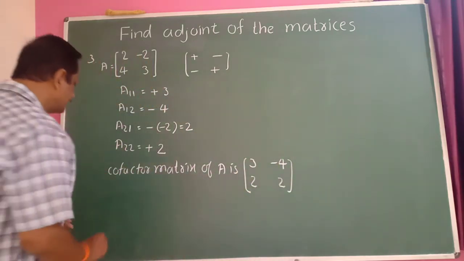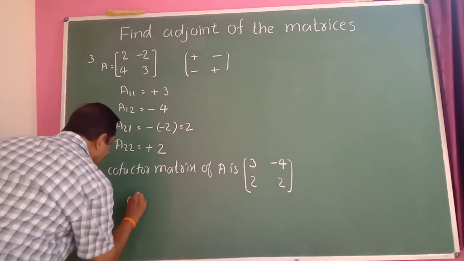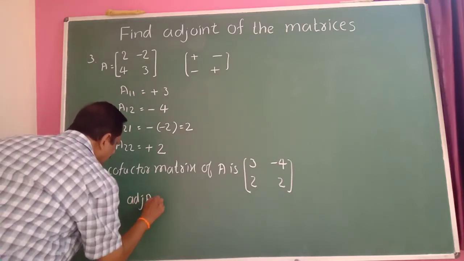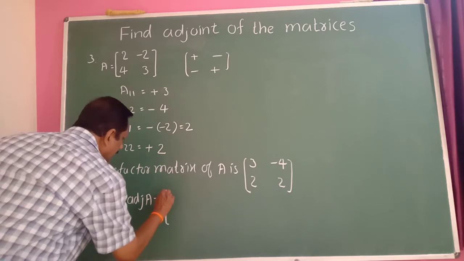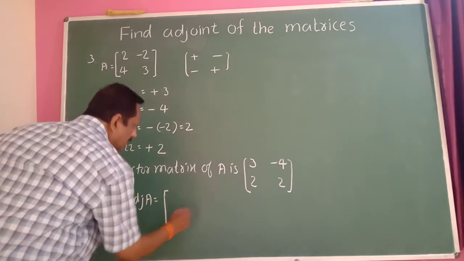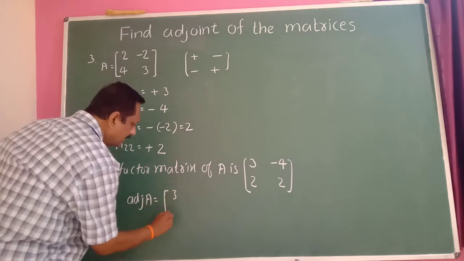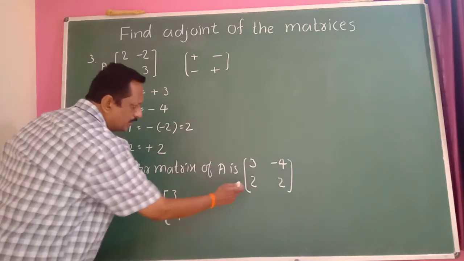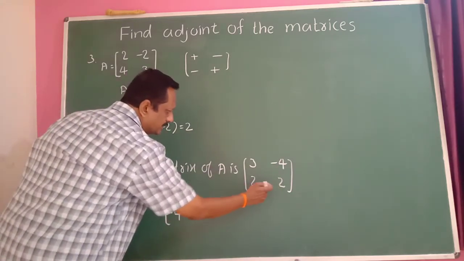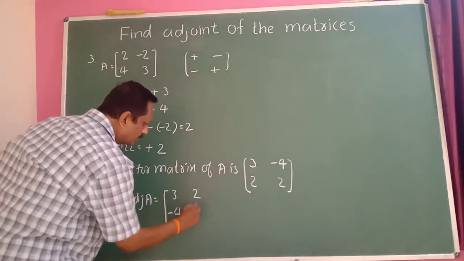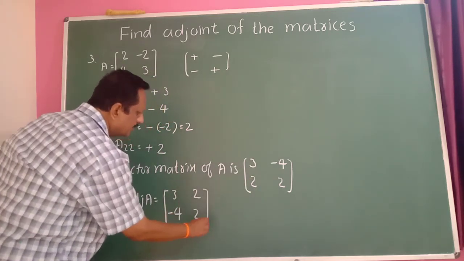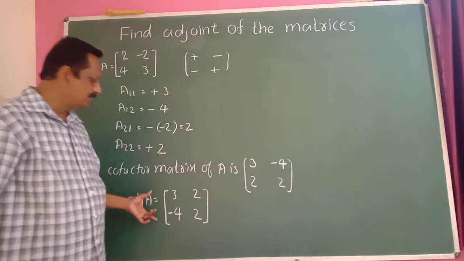Then its transpose is the adjoint of the matrix. Adjoint of the matrix A is equal to: 3, minus 4 in the row, write in the column here; 2, 2, the elements in the row, write in the column here. So the transpose of this matrix is the adjoint of the matrix.